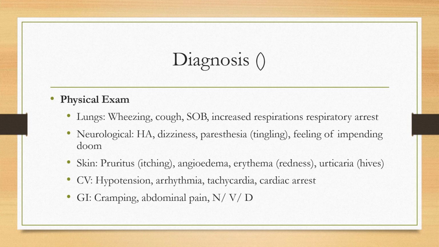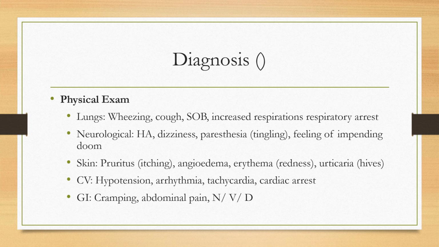They are definitely feeling impending doom, and they know that they are circling the drain and something bad is going to happen. They can have pruritus, which is a fancy word for itching. The angioedema, you will see swollen orbits around the eyes. There may be erythema.